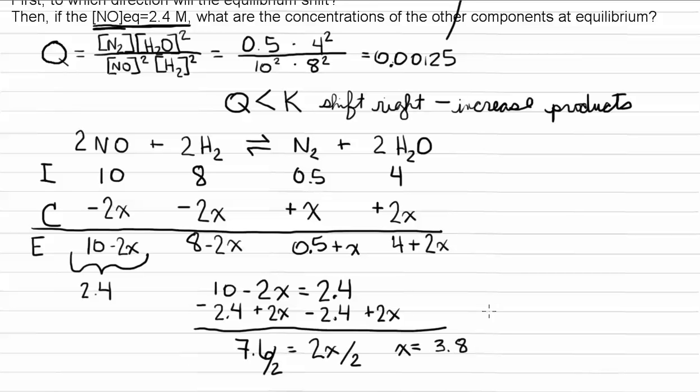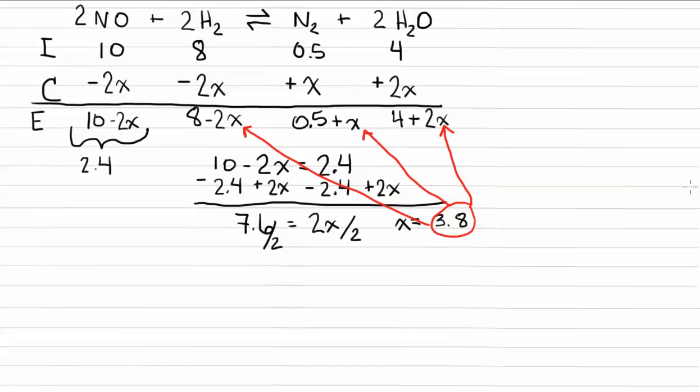So now that we know what our x value is, we can plug it in to every one of these x's here to get the equilibrium concentration for those reagents. So, at equilibrium, hydrogen will be equal to 8 minus 2x.